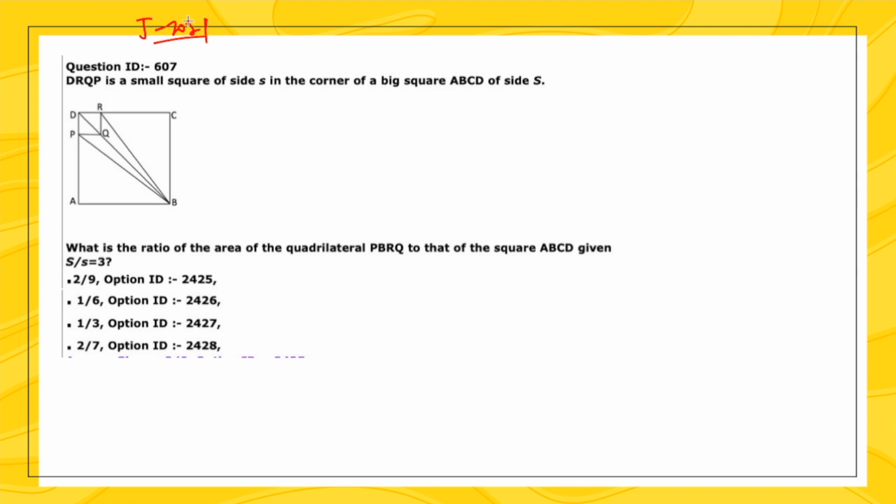The question says that DRQP is a small square of side small s in the corner of a big square ABCD.